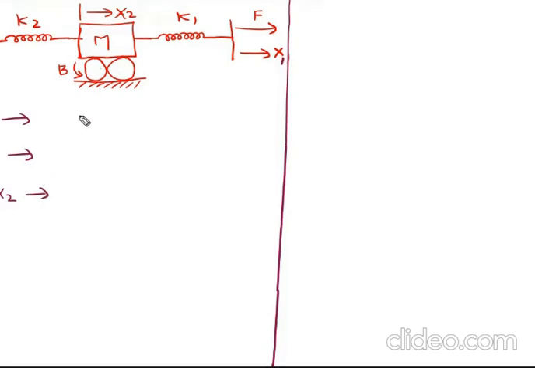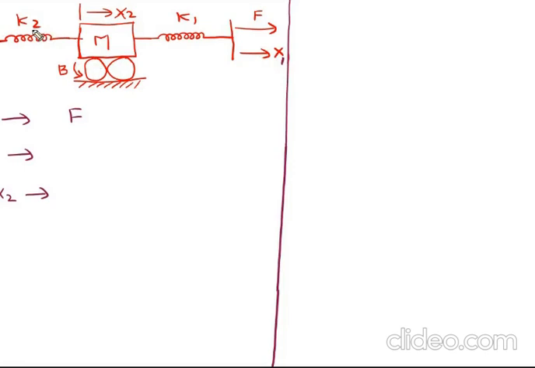So as a part of this first step, I can write only force is connected to x1. Only the force variable is connected to x1. Why? If you observe, K1 is connected at x1 and the other end of K1 is connected to some other element. Hence you can't consider K1 as an element connected only to x1.